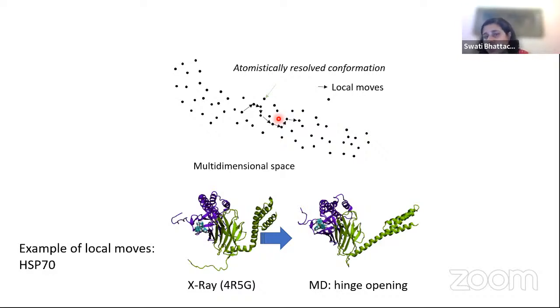Now, large changes of a protein can happen through a series of small local moves. As an example, look at a hinge opening that I saw recently in MD simulations of a chaperone protein. This is a very big change in the system, but this hinge opening is essentially effected through a series of small changes, especially happening in this corner or the elbow.